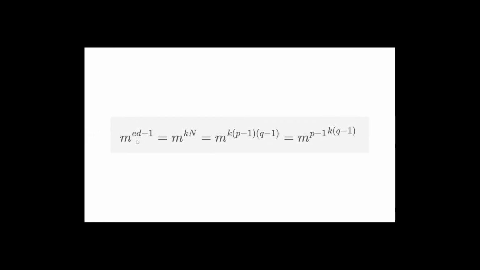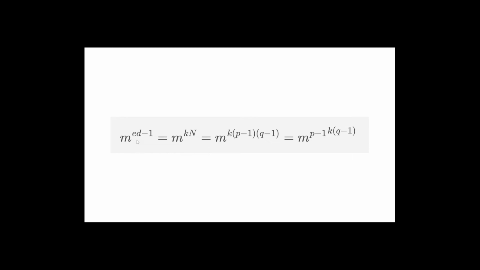If you take that and inject it into the equation before, we have m power ed minus 1 is equal to m power kN. And big N, this time big N, is equal to p minus 1 times q minus 1, again by definition of big N. So we have m power k times p minus 1 times q minus 1.